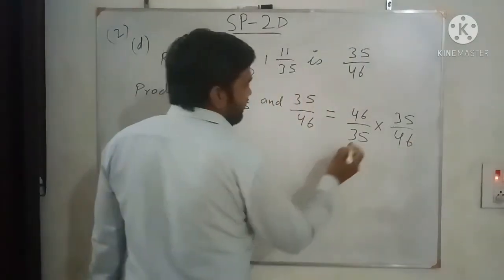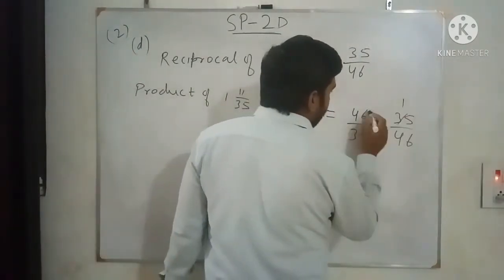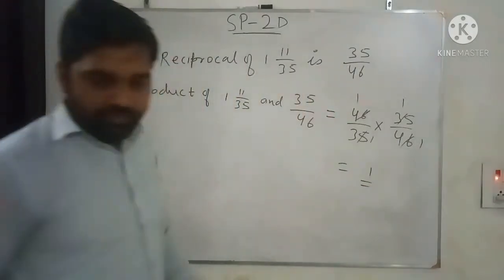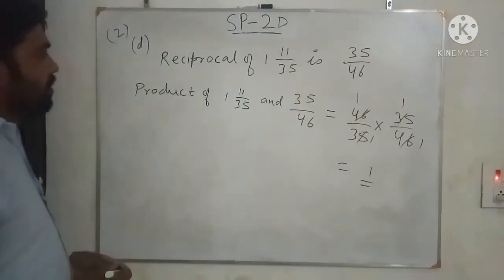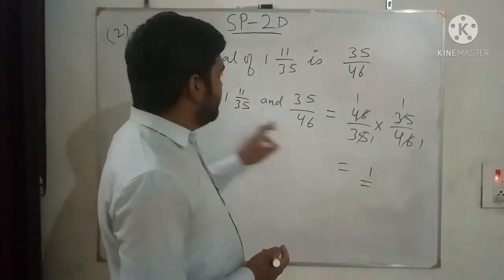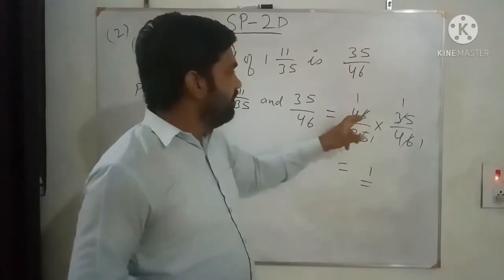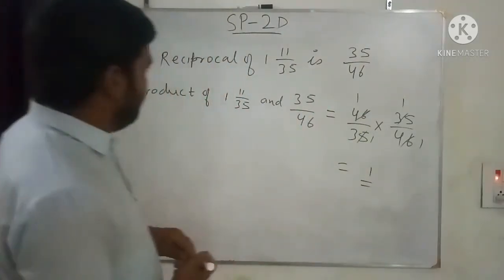See, 35 cancels with 35, 46 cancels with 46. What did we get? 1. Here, in place of the mixed fraction, I have written its value, 46 by 35, the improper fraction.